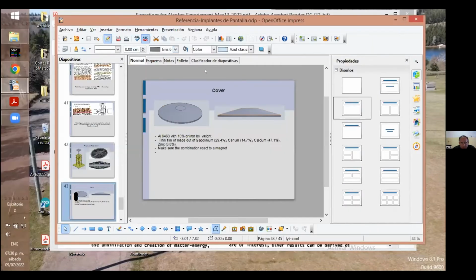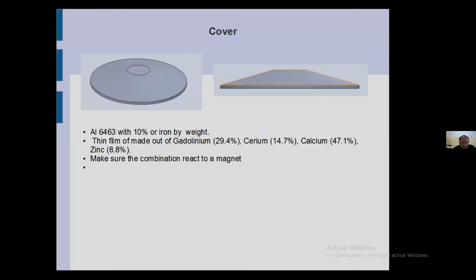The main change is the cover. I believe the cover should be made out of aluminum. If I am to make the experiment, this is how I will do it. I will use aluminum 6463. I melt it, and then I put iron filings, 10% by weight.